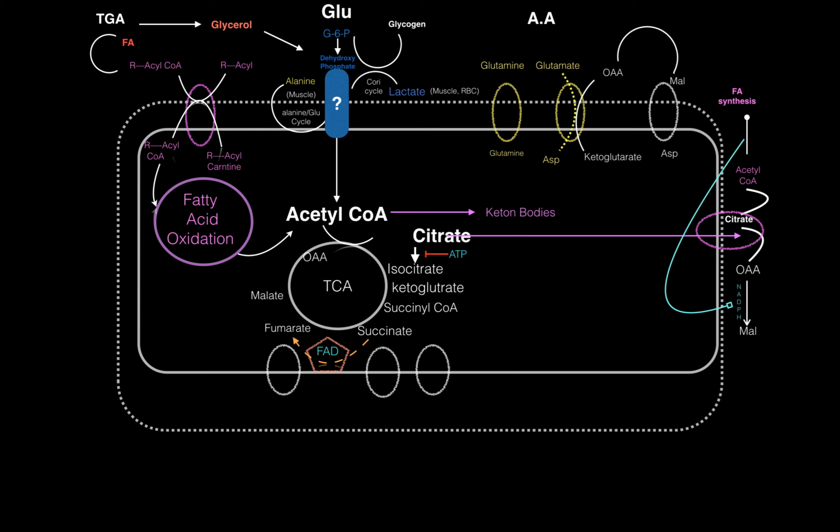We will transport ammonia in the blood using a carrier amino acid, which is glutamine. Why don't we use glutamate? Because it has a negative charge. If we carry ammonia in glutamate, it will cause lowering of the pH of blood. That's why we use glutamine, because it has no charge.